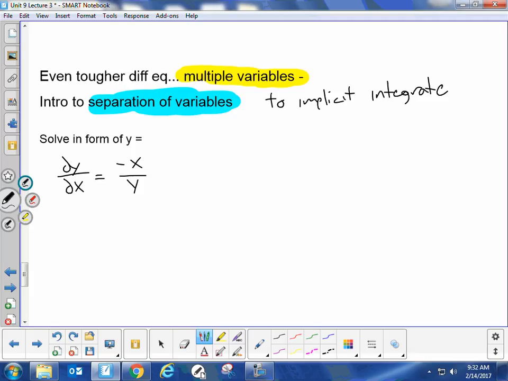Okay, now step one will be to separate your variables. It's super duper important. Whenever we see x's and y's, separate your variables. What does it mean to separate your variables? Put your x's and dx's together, put your y's and dy's together. And don't just move them magically, move them algebraically by multiplying or by dividing.